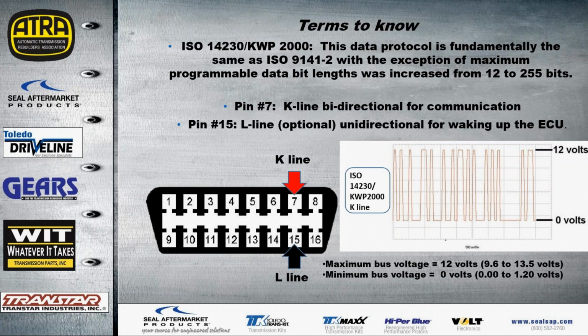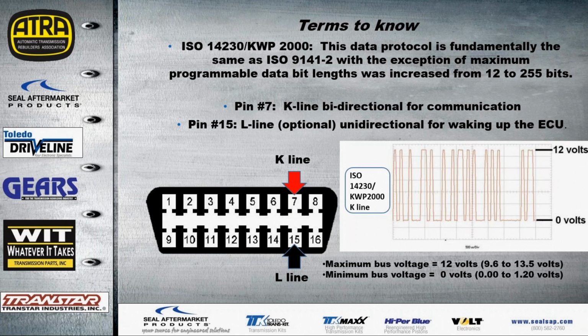Now with the ISO 14230, or Keyword Protocol 2000, this data protocol is very similar to the ISO 9141 in the fact that we do have a K line and an L line, same designation, pin 7 for the K line and pin 15 for the L line. And we also have a 12 volt system. The main difference is how fast this information is going across the data bus.